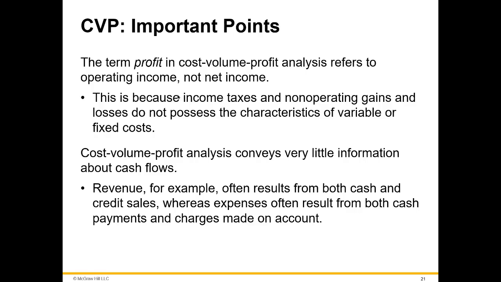We want to know how it changes with respect to our main operation, what we do. So our operating income, not our non-operating components. That's kind of separately managed. So cost volume profit analysis contains very little information about cash flows. Okay, so we're looking at the impact on income rather than the impact on cash. Usually it's both, but we're trying to make that distinction here.